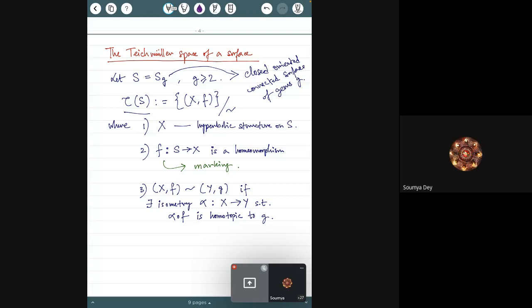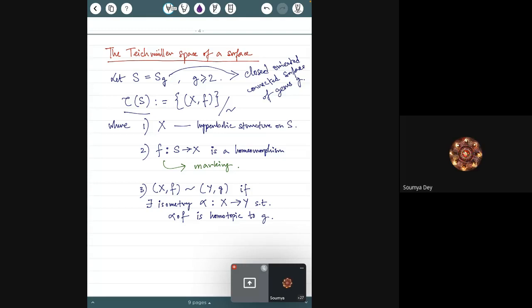Yeah, Praveen. This definition makes sense even if you start with an orientable surface with punctures. I think this definition has no problem. The first place where you are using it is that, for the action to be properly discontinuous, you need it to be a closed surface.